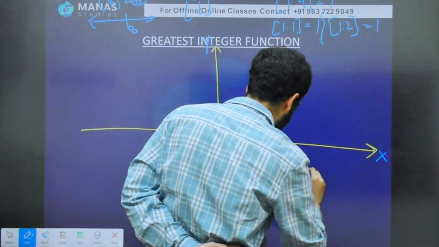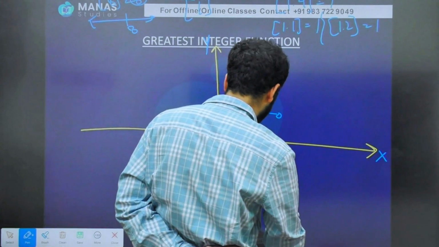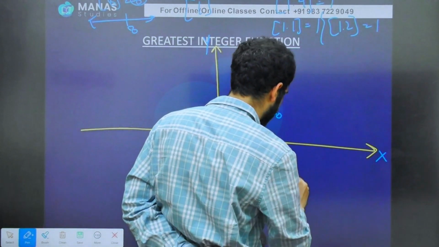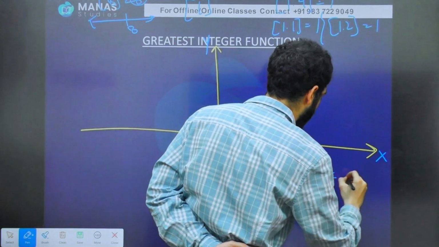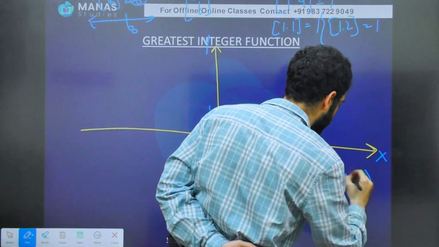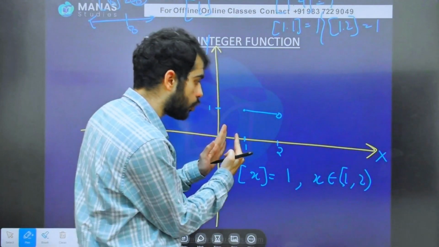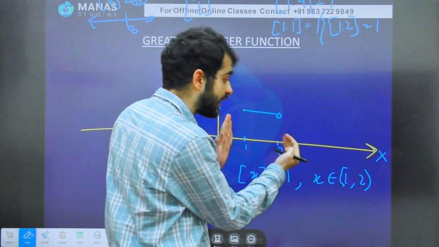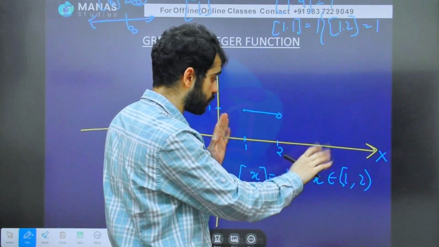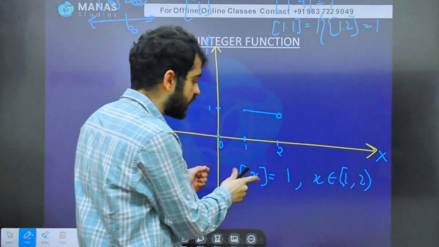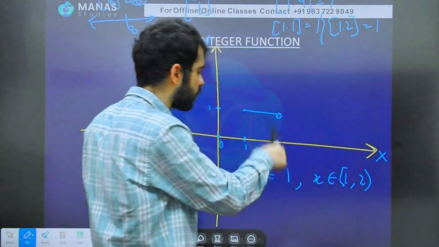So it's better to say that GIF of x is equal to 1 if x belongs from 1 to 2, including 1 and not including 2. If I'm inputting any value of x that is more than 1, including 1, and less than 2, excluding 2, then the GIF of all those values is always going to be 1.